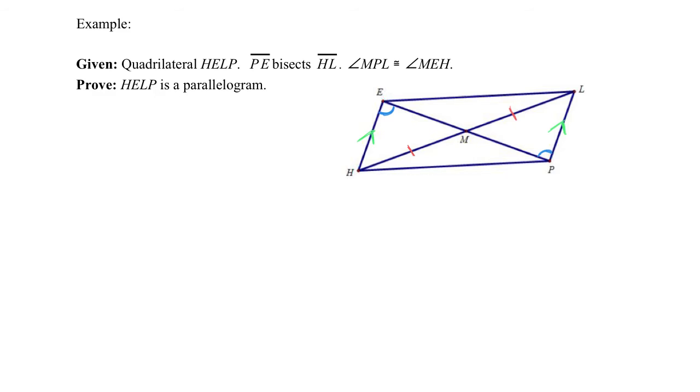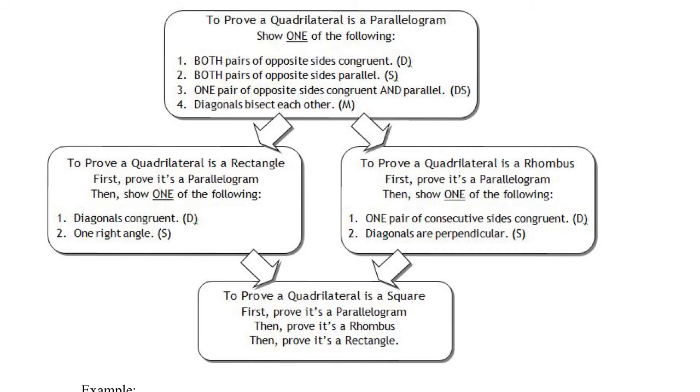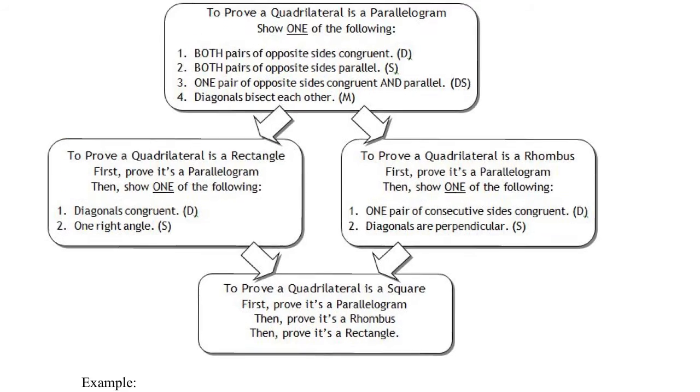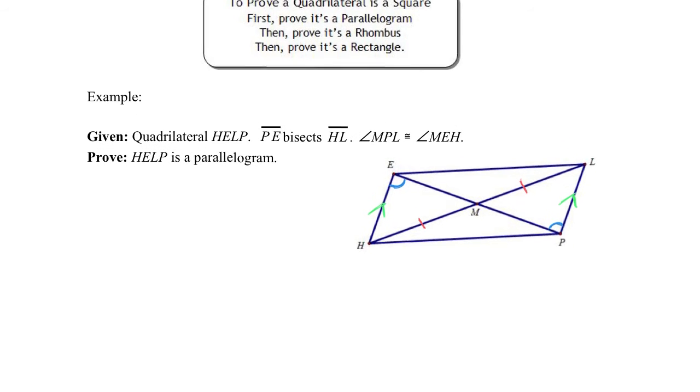If I know that 2 sides are parallel, according to my methods of proof, I either have to prove that the other set is also parallel. This says both pairs of opposite sides parallel, or I could say that they're congruent. Then I would have one pair congruent and parallel.